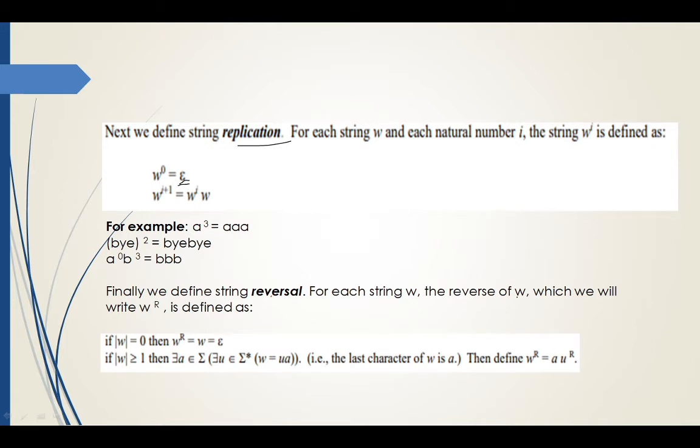For each string w, the reversal of w, which we write as w raised to r, is defined as follows. If the length of w equals 0, meaning the string doesn't have any symbols, then w raised to r is w itself, which is epsilon, because the number of symbols present in the string is 0. So you get epsilon only.